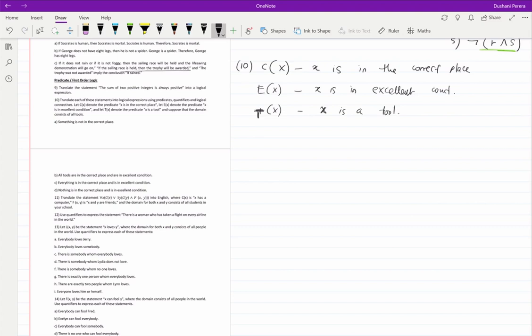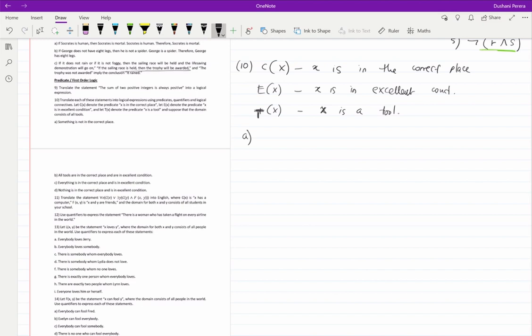Okay, so now what we have to do is translate these English statements into logical expressions. The first one is: something is not in the correct place. Now this means that there exists something which is not in the correct place. So there exists, not for all. This is not a statement which is generally applicable for all.